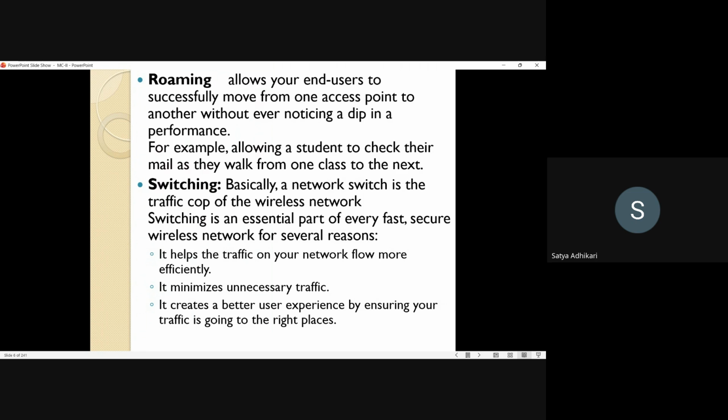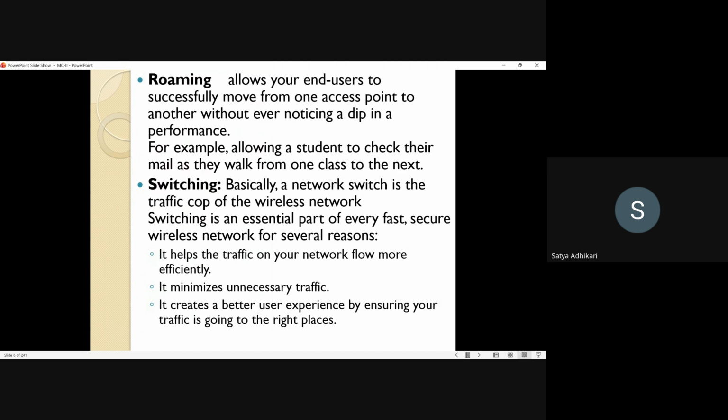During your journey, the access point changes, the network changes, but the communication which is going on will not be dropped. For example, allowing a student to check their mails as they walk from one class to the next. When you are moving in a car, you can communicate from your mobile phone, and even though there are changes in the access point or network.